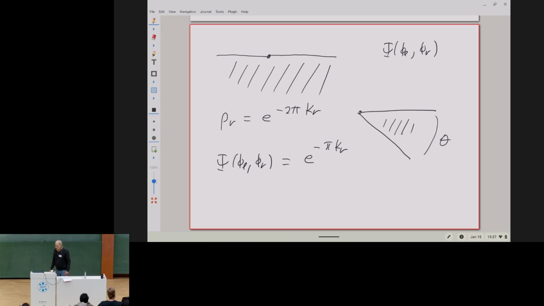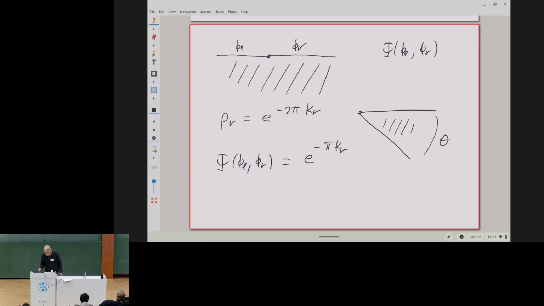So e to the minus pi times kr is an operator. If you want to write an integral kernel for the operator, that's a function of a pair of variables, the initial and final state, which here are interpreted as phi left and phi right. Previously, we called the initial and final state phi right and phi right prime, but now we want to call them phi left and phi right.